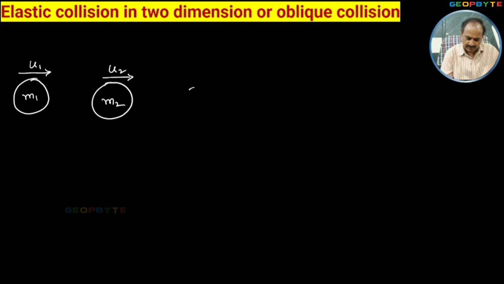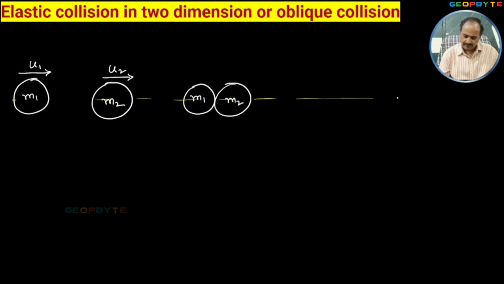Both are colliding, m1 and m2. After collision, both bodies may be traveling in different directions.